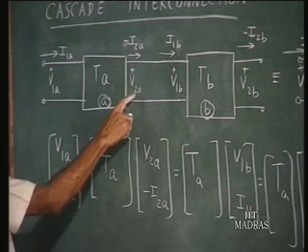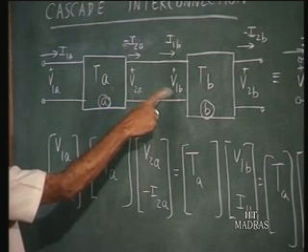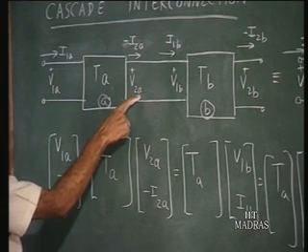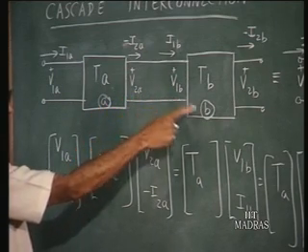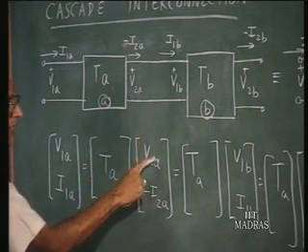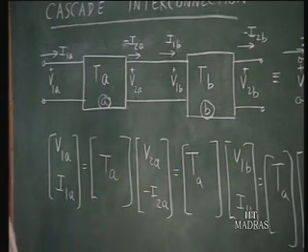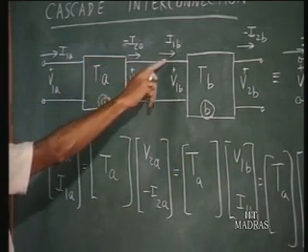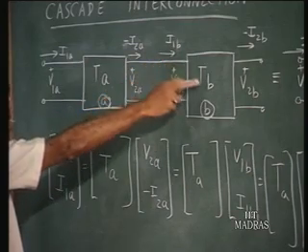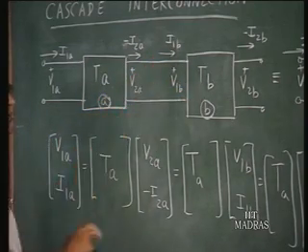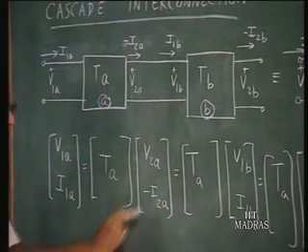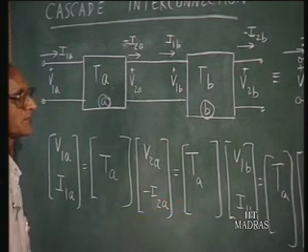But we observe that V2A is the same as V1B. The second port voltage of A turns out to be the first port voltage of B. So V2A is the same as V1B, and minus I2A is the same as I1B, the input current at port 1 of network B. So minus I2A equals I1B.